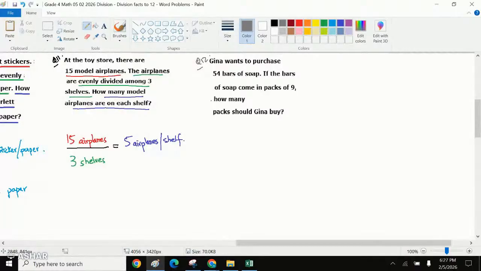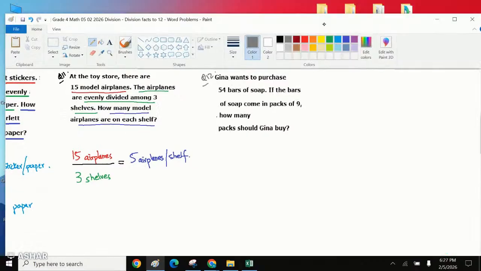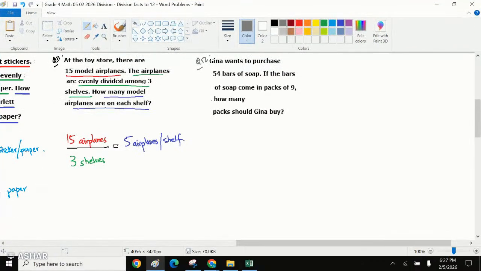Yes, May. Your answer is correct, May. If she wants to buy 54 bars of soap, so we can write she wants to buy 54 bars of soap. If the bar of soap came in packs of 9 in each pack, there were 9 in each pack.